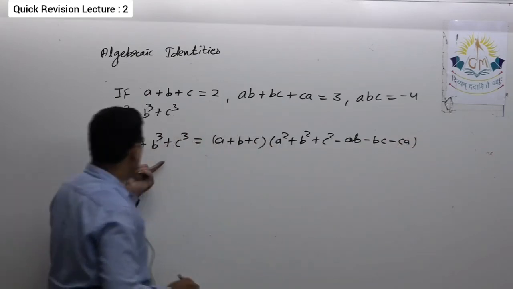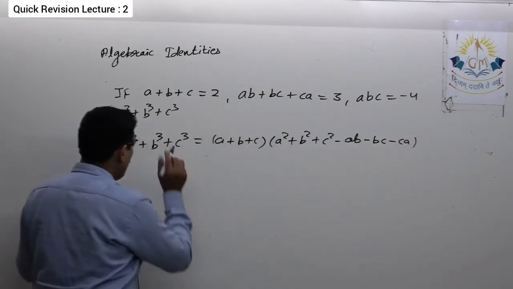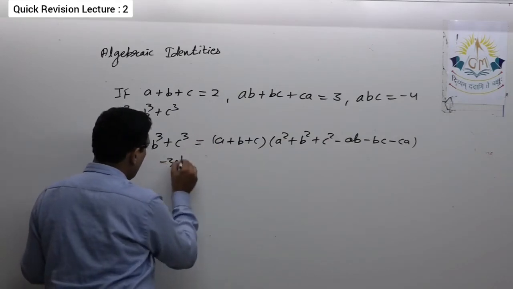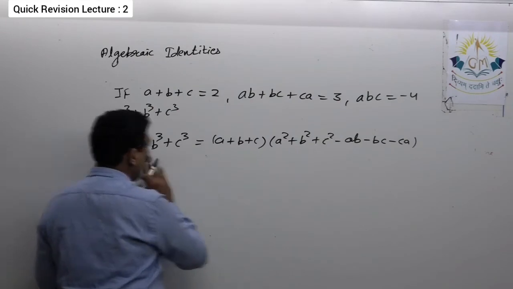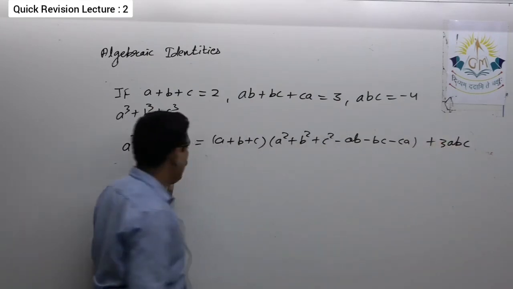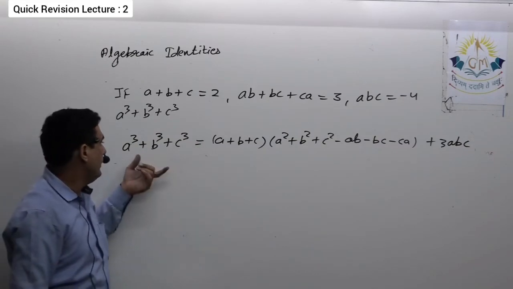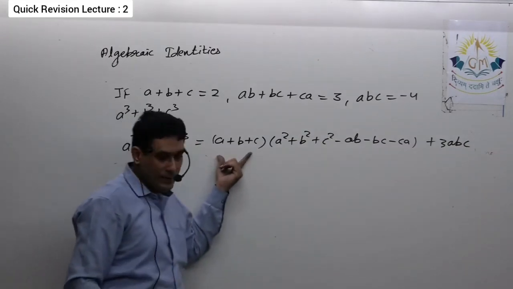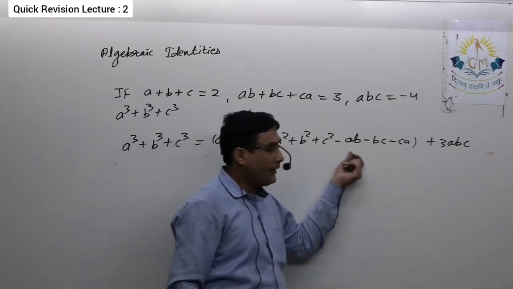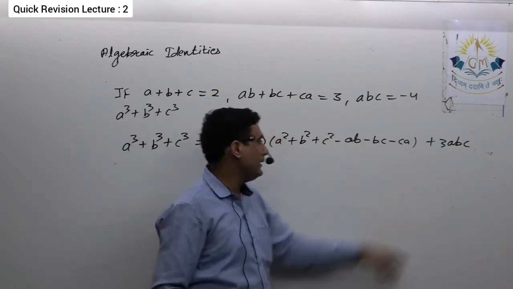One thing more, a cube plus b cube plus c cube minus 3abc was there. So if I take minus 3abc over here, this is the identity of a cube plus b cube plus c cube. Now to get the value of this, I need the value of a plus b plus c, a square plus b square plus c square minus ab minus bc minus ca, and 3abc.